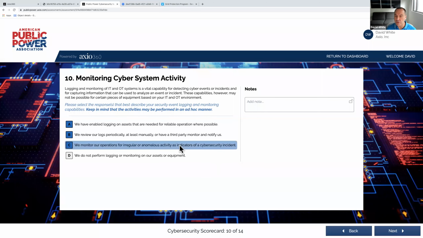Think back to Chuck Speak's presentation and his picture of that security operations center. That's the dream for a monitoring system.